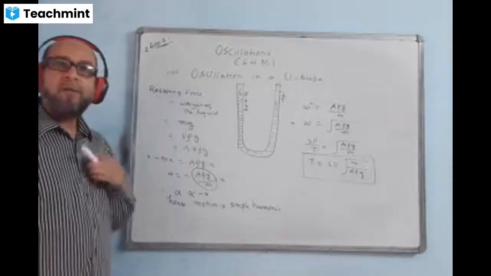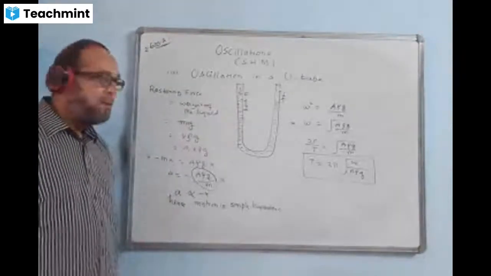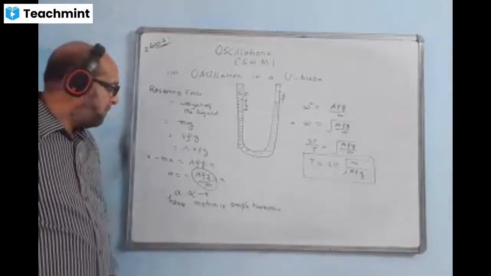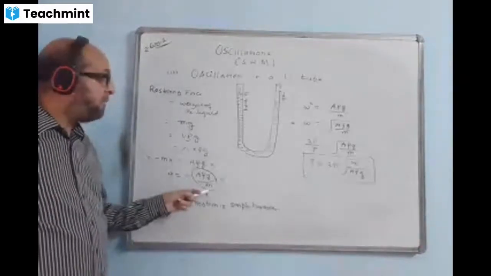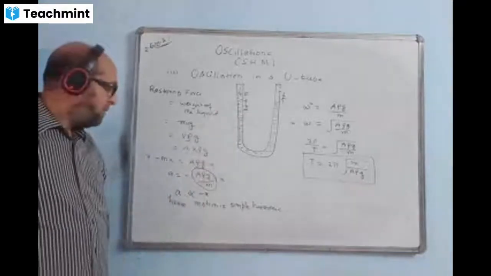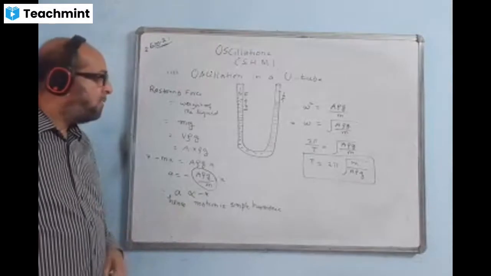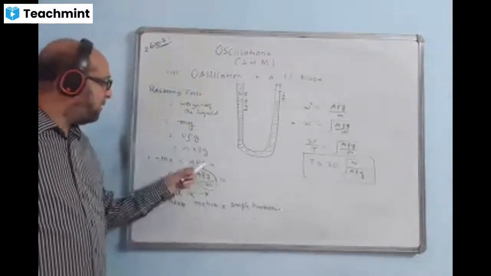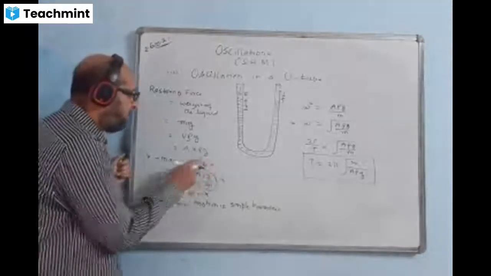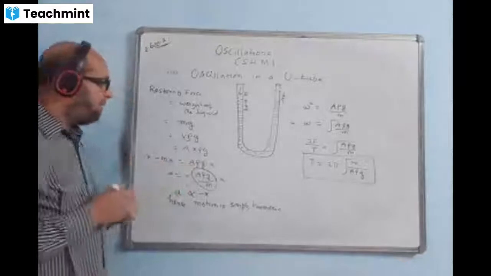Time period of oscillating liquid in a U-tube. So what did you write there? After A into rho g, what did you write? Divided by m, which side? Here or there? Sir, I cannot understand this.